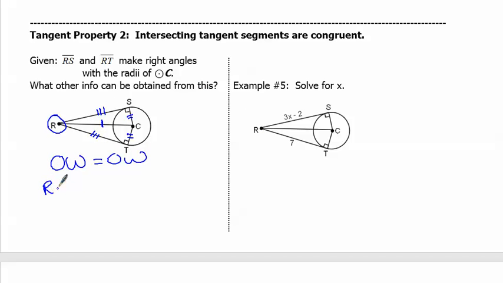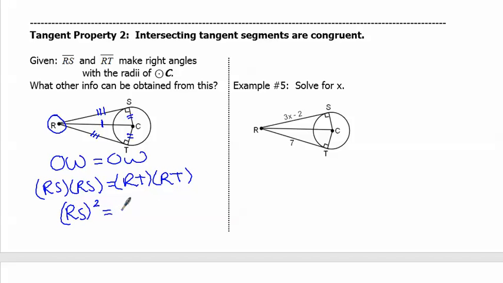For this one, RS times RS equals RT times RT, or RS squared equals RT squared. And if I want to get rid of the squares, I take the square root, and what am I left with? RS equals RT.